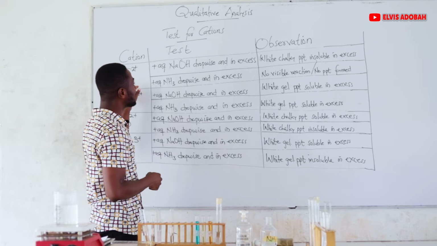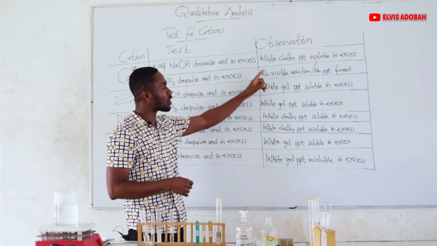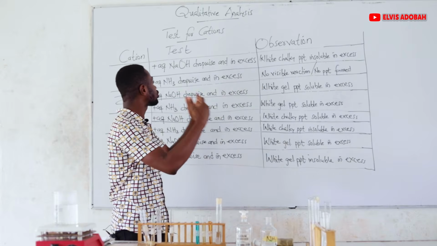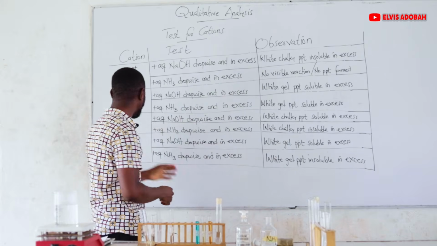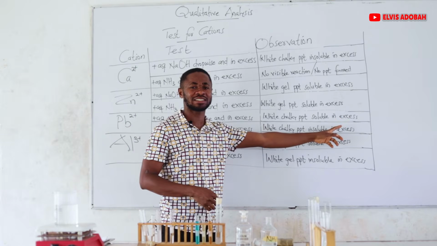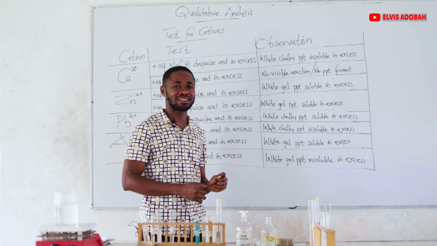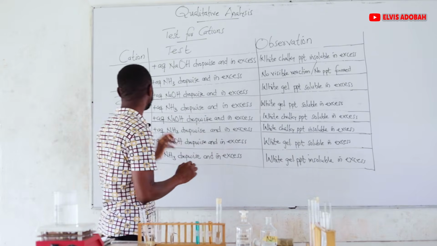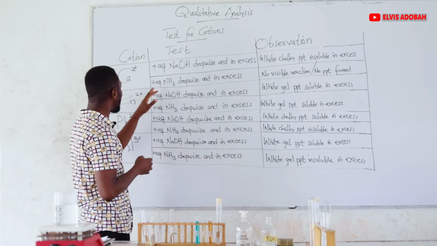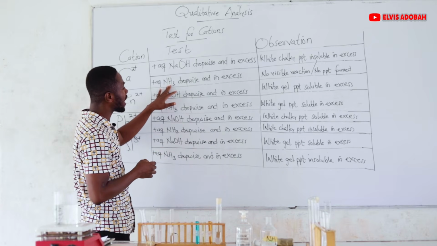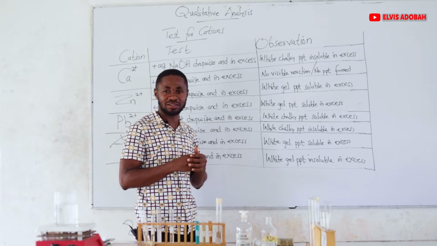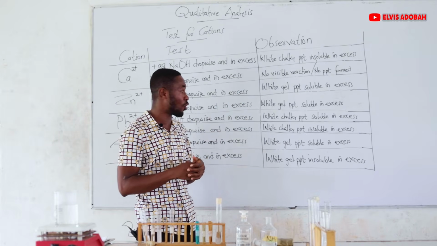But in the case of calcium ions, that white chalky precipitate was insoluble in excess sodium hydroxide. But in Pb2+, it was soluble in excess sodium hydroxide. Do you see the difference between calcium ions and lead-2 ions? For their reaction with aqueous ammonia, for calcium ions, there was no visible reaction or no precipitate formed.